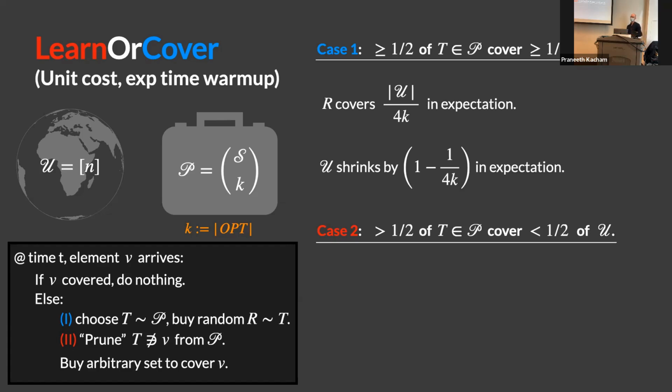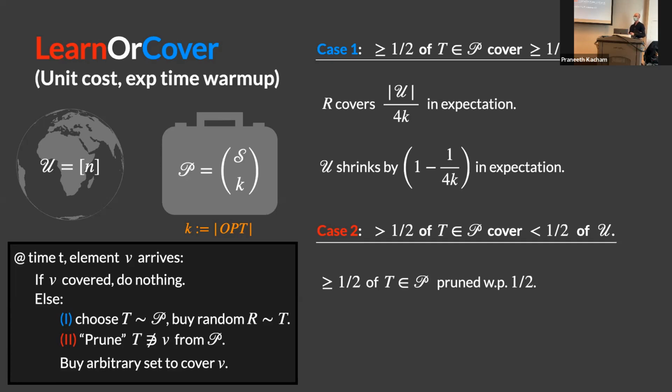Okay, great. Case 2, at least half of T cover less than half of U. So I should think of this as most of my portfolio is not very good. Well, if I hit the else clause, what I'm doing is I'm sampling uniformly from the elements that I have not yet covered, right? And if half of the T cover less than half of U, then I should miss basically half of the T's with probability at least 1/2, which means I'll prune them.